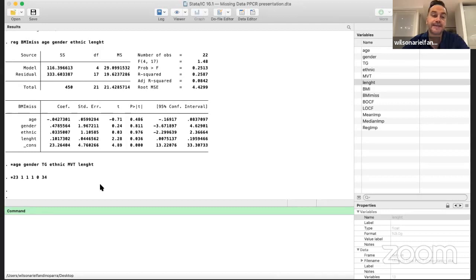Because you are running a regression model and you've got your coefficients, which are the same for all the patients, but you have to multiply by the data of each patient, and there is no way for Stata to do this. So it's going to be a very difficult task.